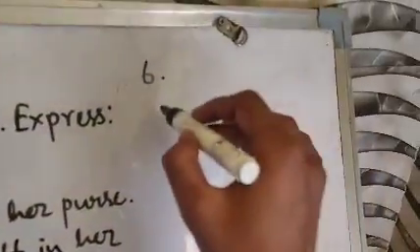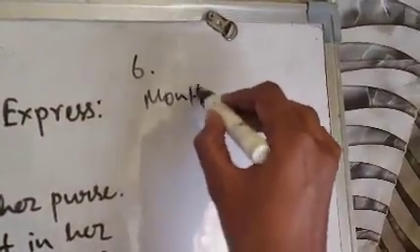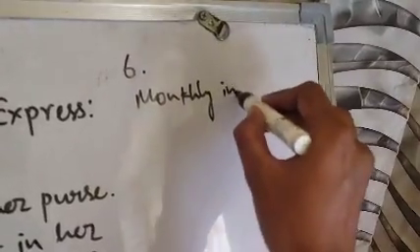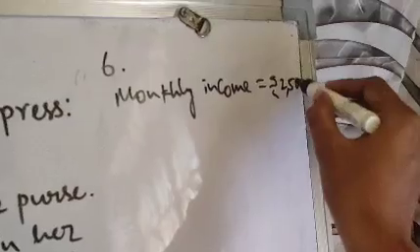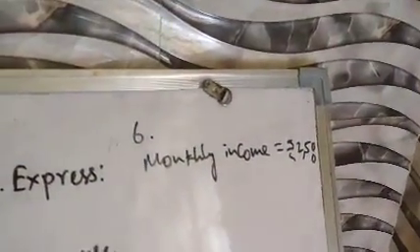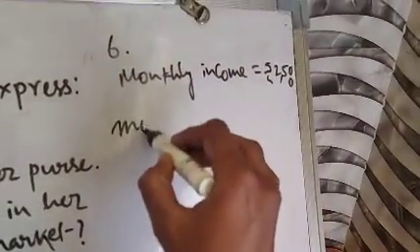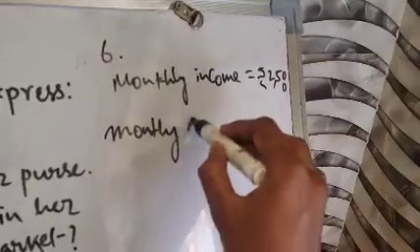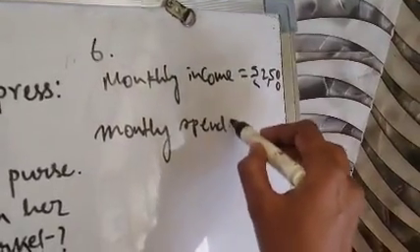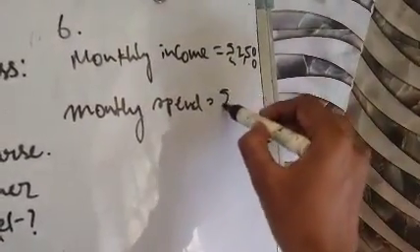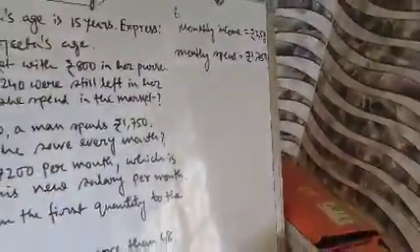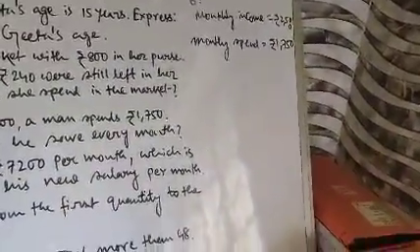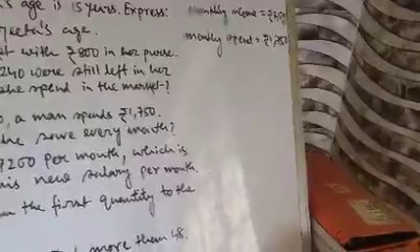So monthly income is rupees 2500, and monthly spend equals rupees 1750. So his monthly income is given, and per month he spends some amount which is given.